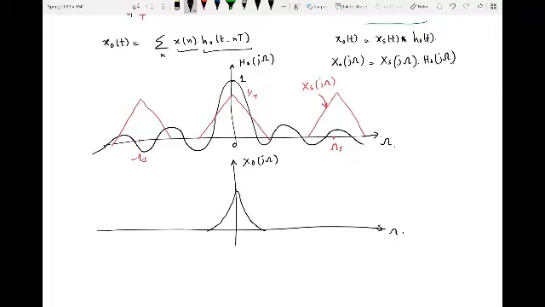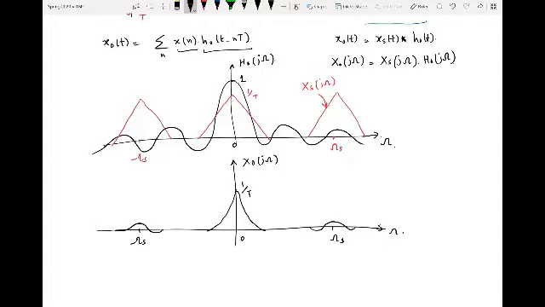Maybe it looks like this. And here also the same concept. Here this is minus omega s, this is omega s, and this is 0. And the amplitude is 1 over T.